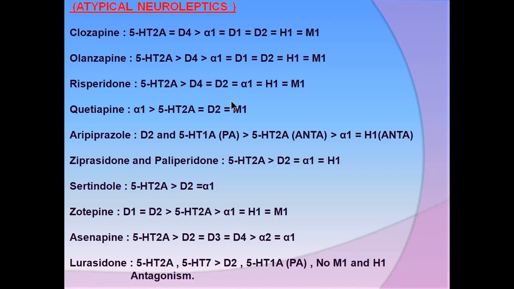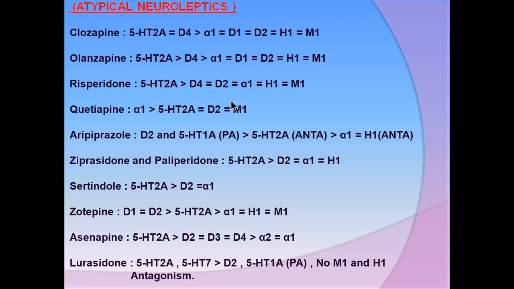Next, risperidone, which has more affinity for 5-HT2A than for D4, D2, alpha 1, H1 and M1. Next drug being quetiapine, which has more affinity for alpha 1 than for 5-HT2A, D2 and M1. Next drug, aripiprazole, is comparatively a new agent.